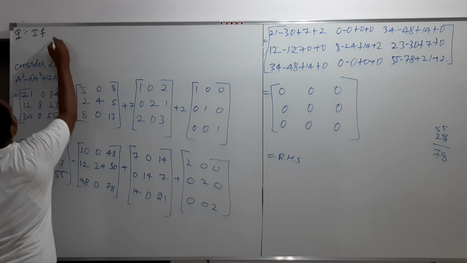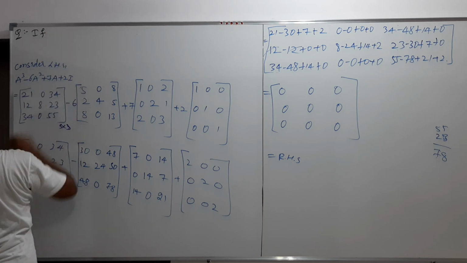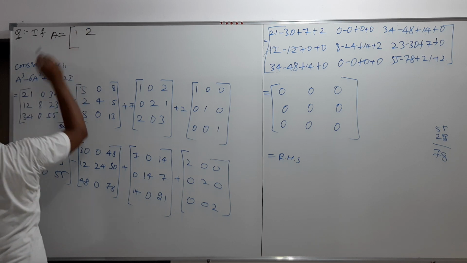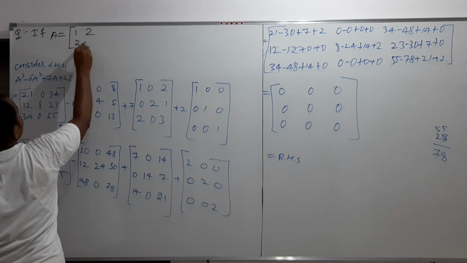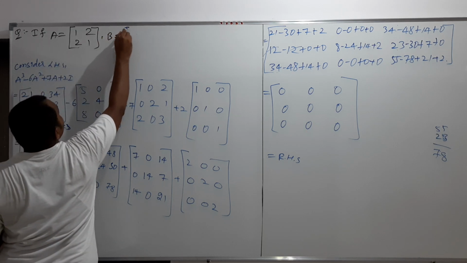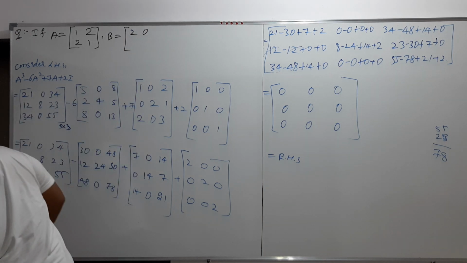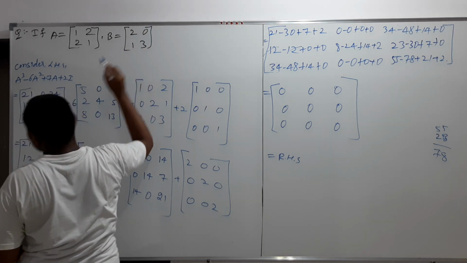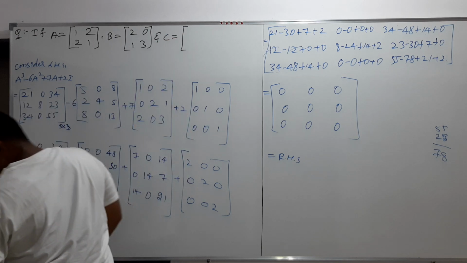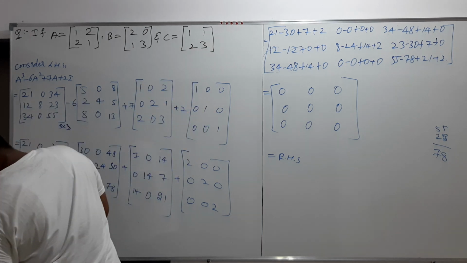If a is equal to 1 2 1, next, b is equal to 2 0 1 3, next, my students, and c is equal to 1 1 2 3.